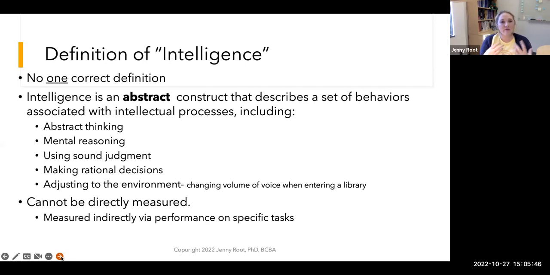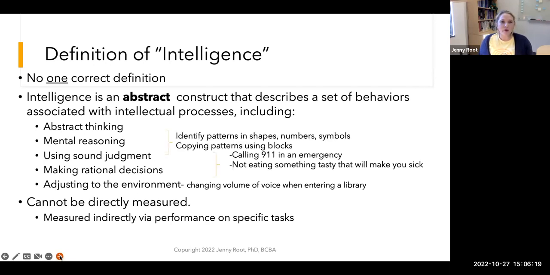And so many of the assessments that we use in determining the presence of a disability, we have to know that it's based on their performance on specific tasks and their flaws in those tasks. It's certainly one measure that can tell us about an individual, but we don't want to solely rely on intelligence tests, much less any other type of assessment, to perhaps set artificial ceilings on what an individual is capable of.